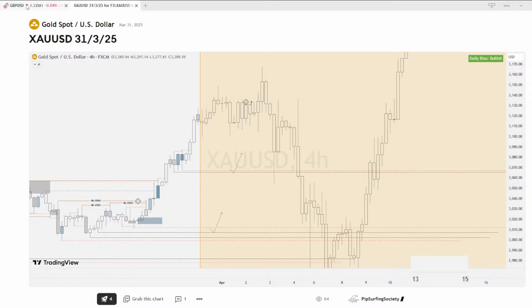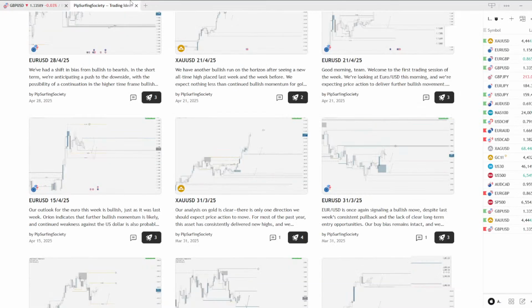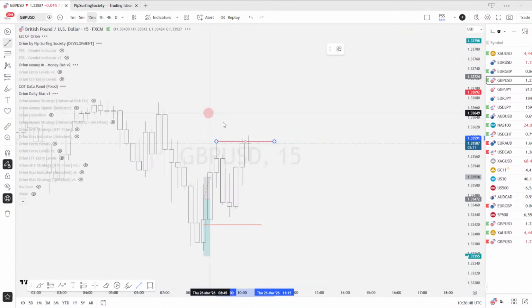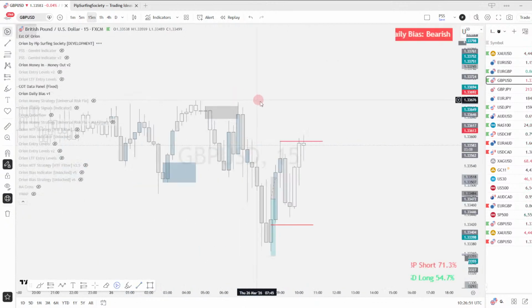The reason why is because TradingView introduced a rule that you can't have any indicators on your chart that aren't publicly available. So it means all of the subscription-based indicators and all the indicators that are reserved for my students, I can't have on my charts, which means I can't have any of my private scripts, even ones I'm testing. So if I've got a test script, for example, this Orion development, this is an in-development script. So it's being tested, it's being built.